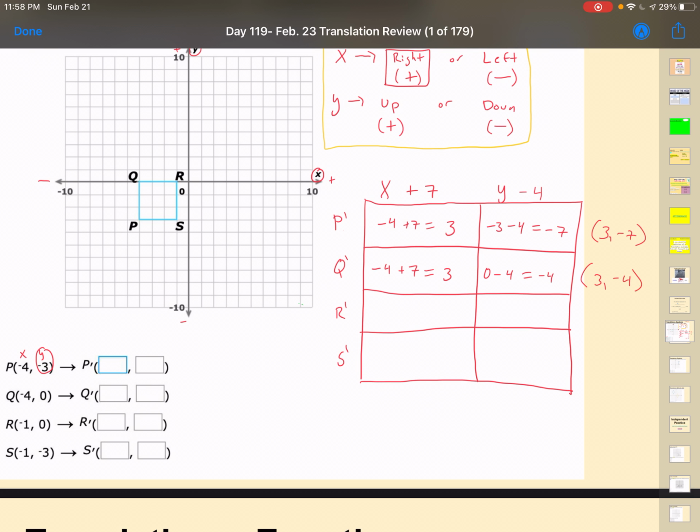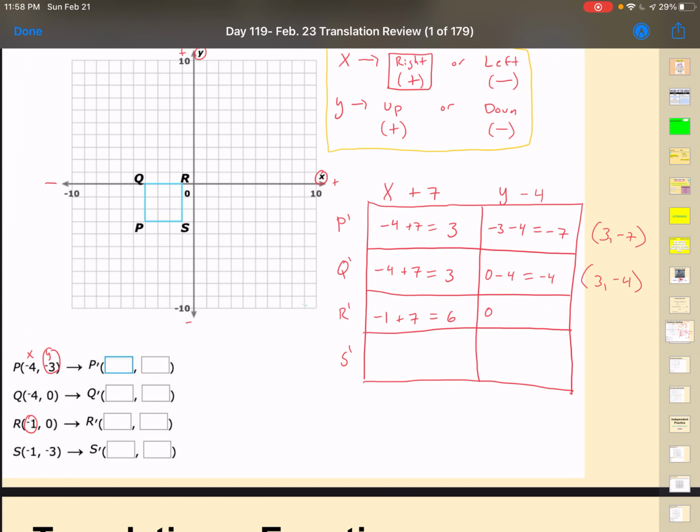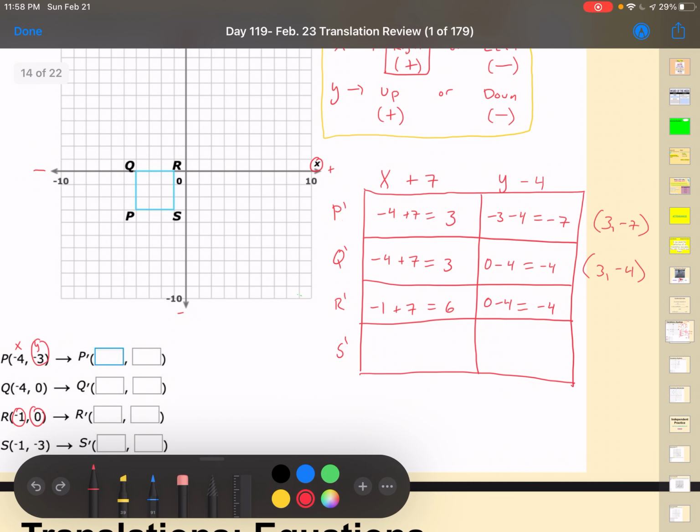And now for R prime, I have my original R, where my x is negative 1, plus 7, which gives me positive 6. Then I have 0 for the y, minus 4 equals negative 4. So R prime is going to be positive 6, negative 4.